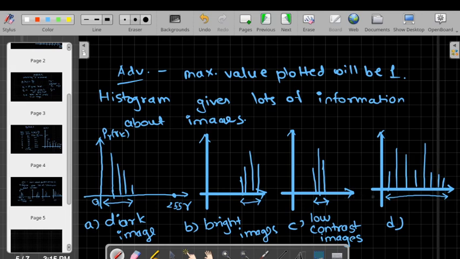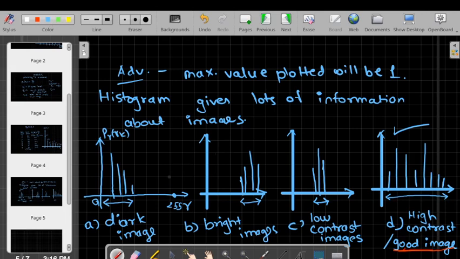And if we observe the fourth histogram, here the gray levels are distributed among all the pixels, meaning all the gray levels are having a few number of pixels in the image. That's why this is called high contrast, or we can call it a good image. So generally the histograms of the fourth type are the histograms of good images.